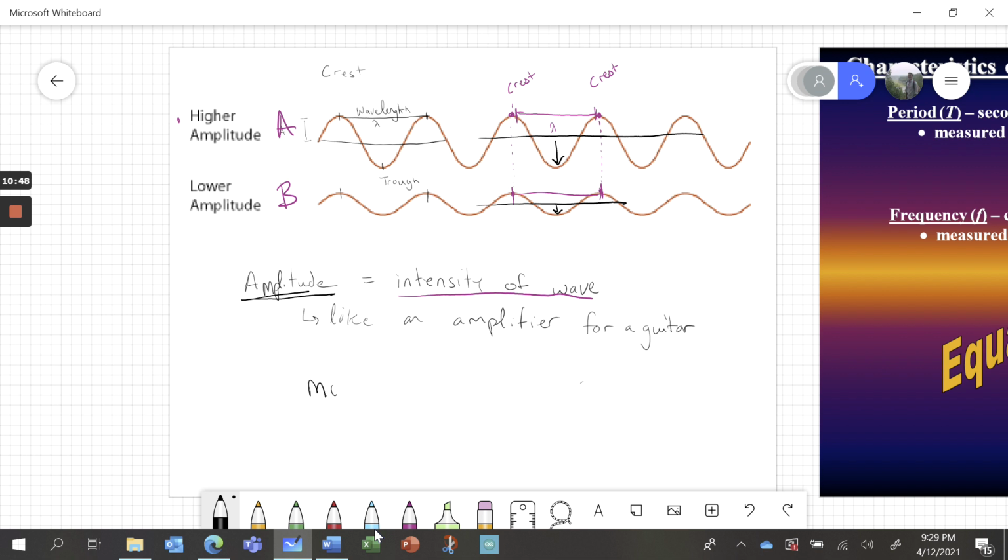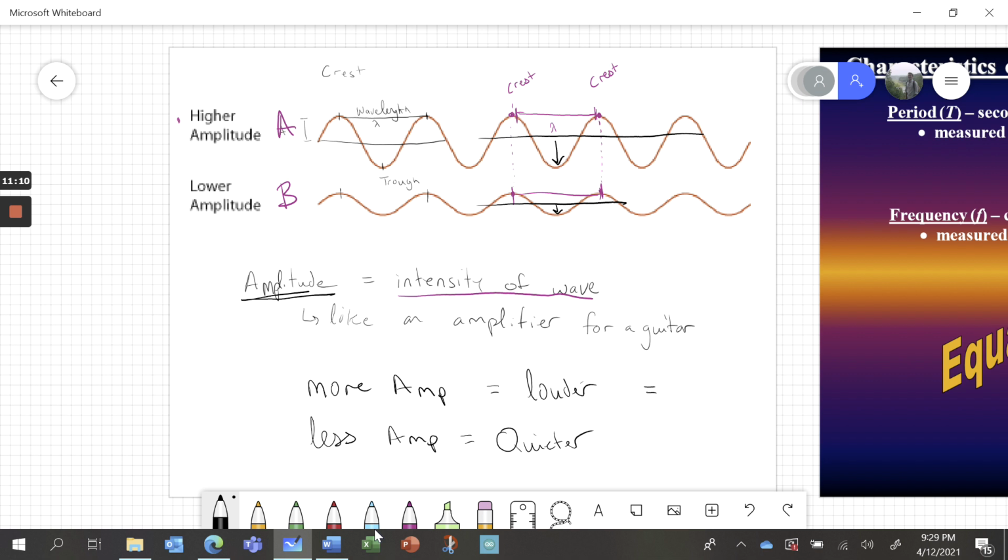So more amplitude on sound gives you louder sounds. Less amplitude is quieter.